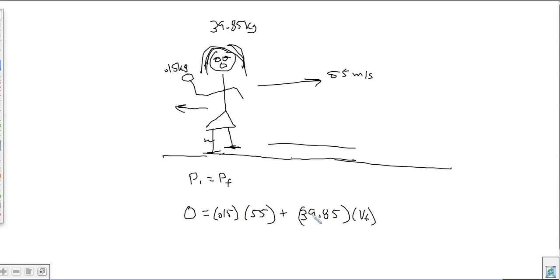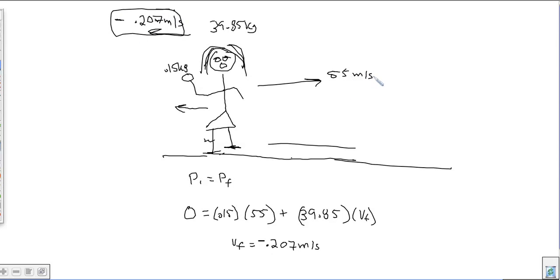So you do all the algebra here, and you'll end up finding out that the velocity final of her is negative 0.207 meters per second. So she'll actually go backwards then at just 0.207 meters per second. So since it's a backwards direction, we define it as negative, and the rock is in the forwards direction.